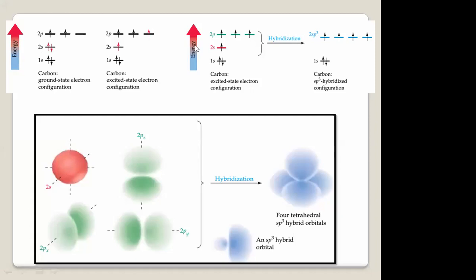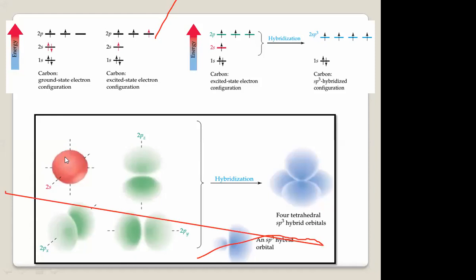So you have this electron promoted, and you have that up. Now, when you have that, the output is that you now have sp3 hybridization. So sp3 hybridization will give you that. So you have a tetrahedral structure.